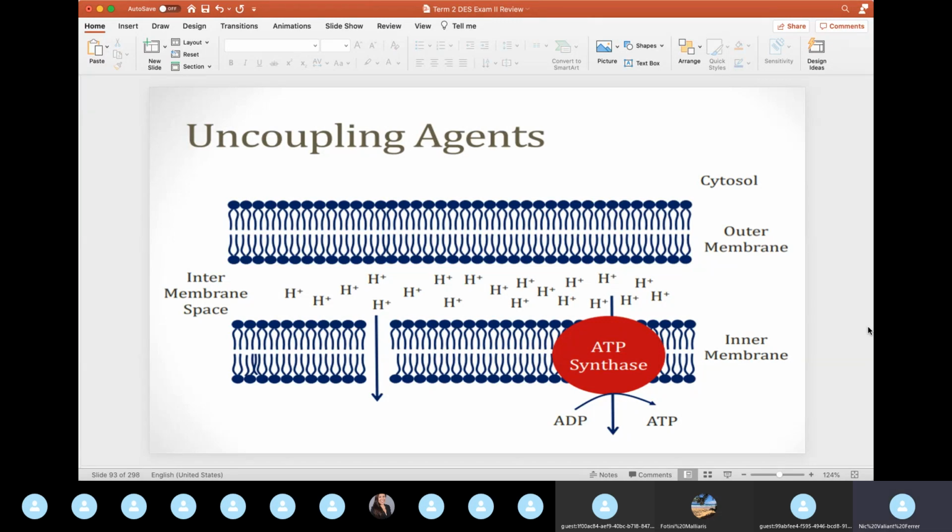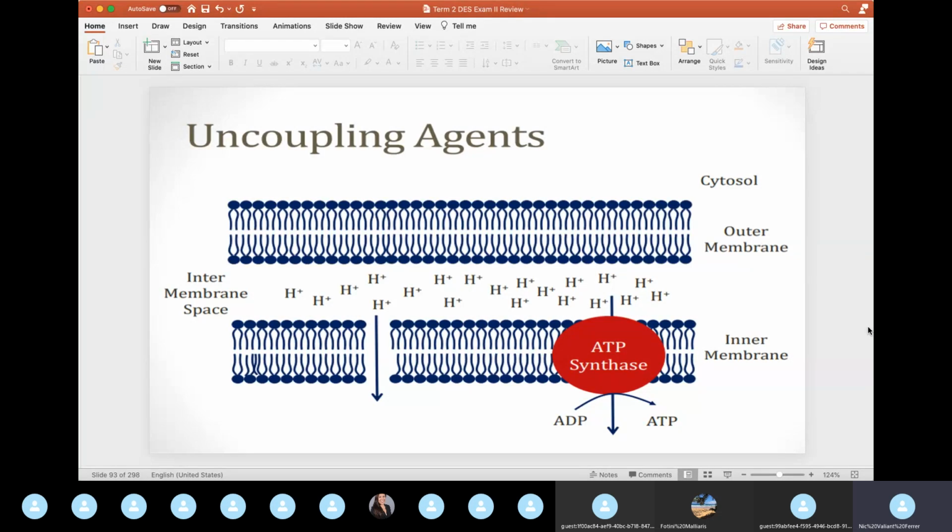So let's summarize the electron transport chain. What's the function? The NADH and FADH2 from your TCA cycle need to become ATP. So this mechanism, your electron transport chain, converts NADH and FADH2 to ATP synthesis.